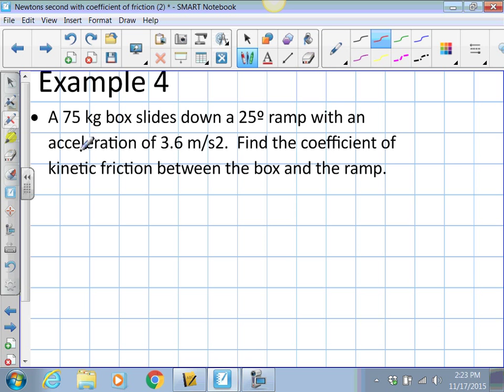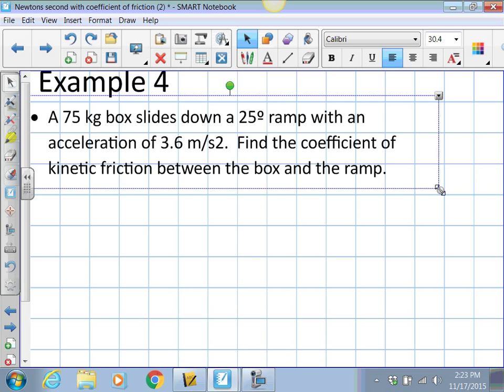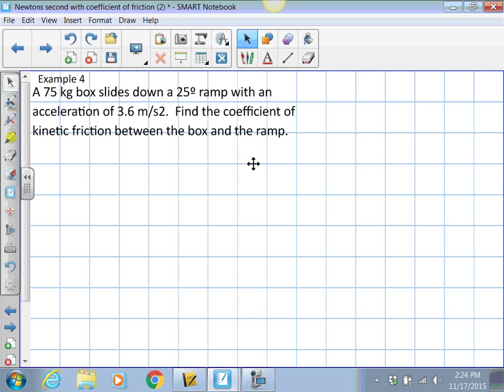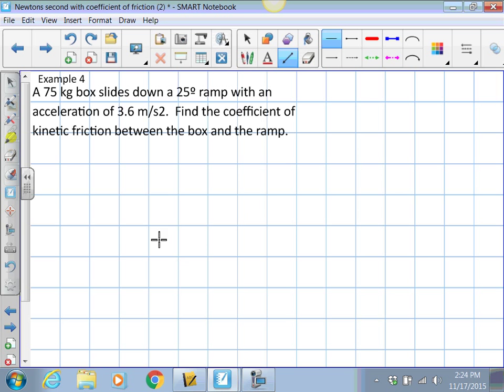So if I'm going to resize this, okay, I'm going to construct a ramp. Okay, so we've got our ramp.